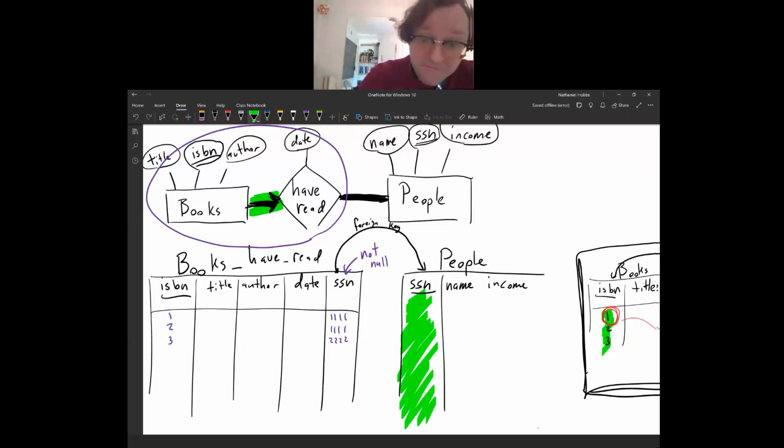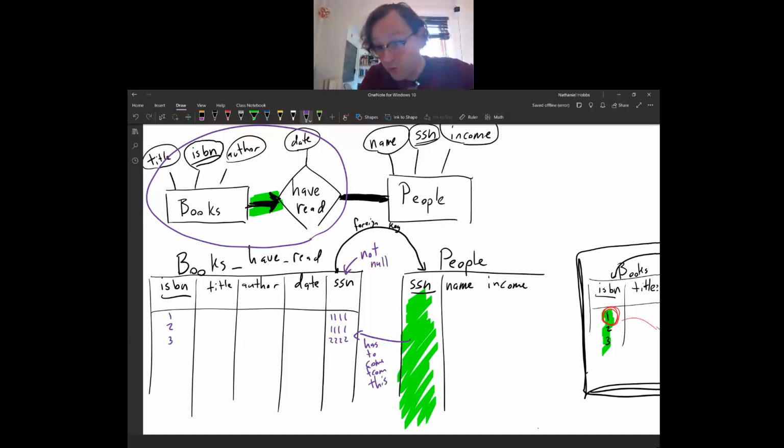And what that means is that every entry here has to come from this pool. Okay, this pool of social security numbers.